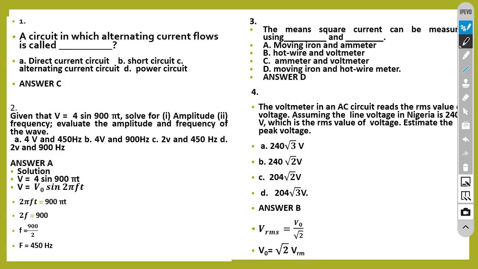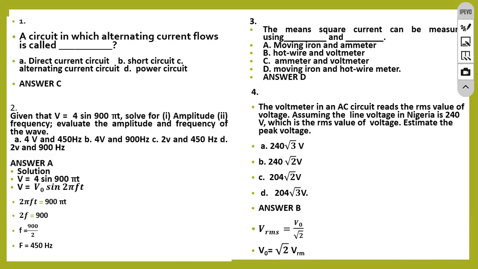Now substitute 240 here. You can't write root 2 times 240, mathematically it is not proper. So it's better we write 240 root 2 as the correct option. Is that clear? Let's go to the next example.